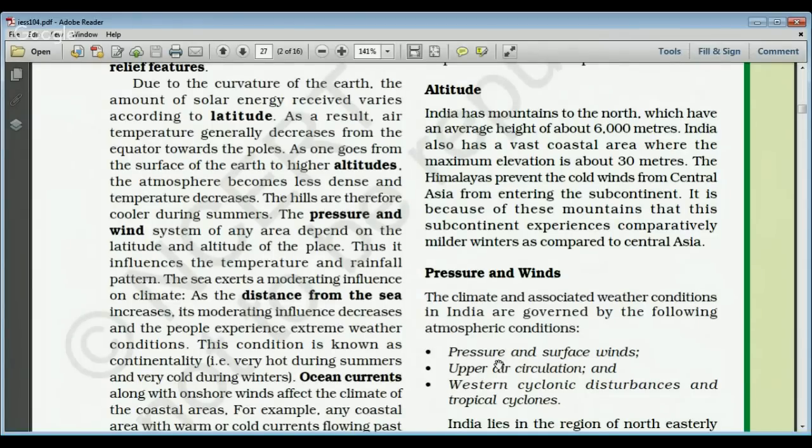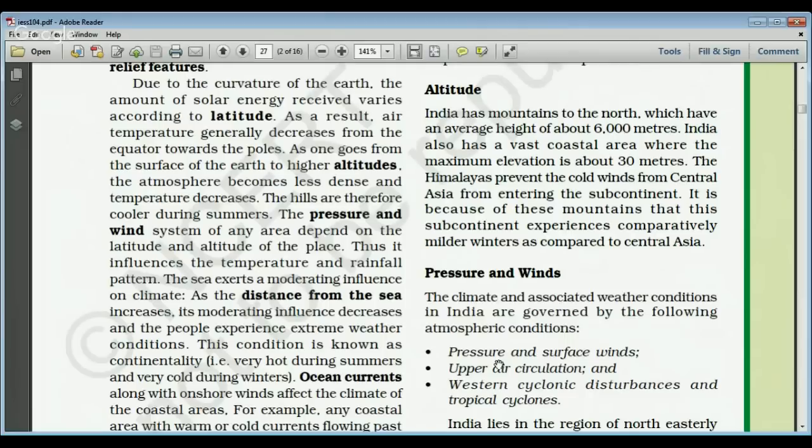The Himalayas prevent the very cold winds which originate from Central Asia as well as the Siberia region of Russia from entering the Indian subcontinent. I've told you that the Indian subcontinent consists of countries like India, Pakistan, Nepal, Bangladesh, and Bhutan.